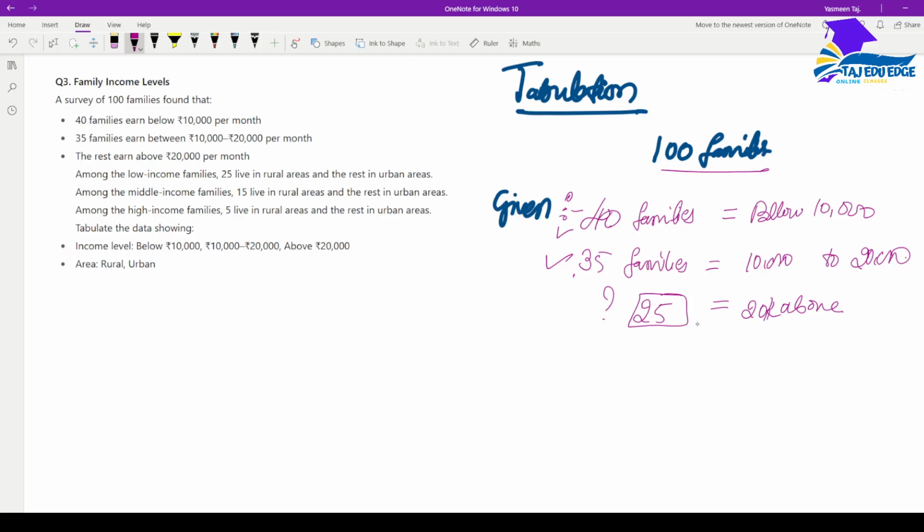Once we have found that: 40 families earn below 10,000, 35 families earn 10,000 to 20,000, and 25 families earn 20k and above. Now we need to come to this: among the low income families, 25 live in rural areas and the rest in urban areas. This was your step 1.